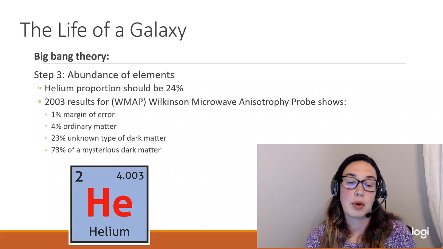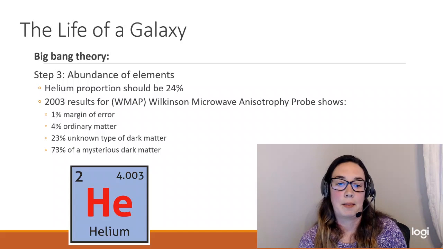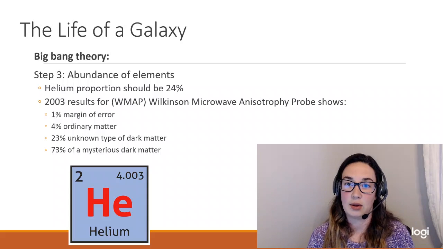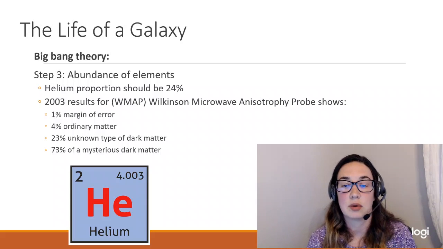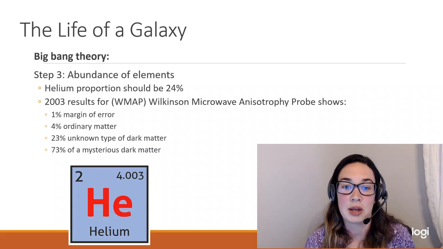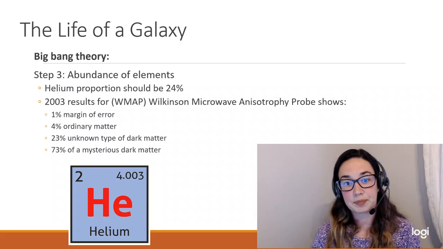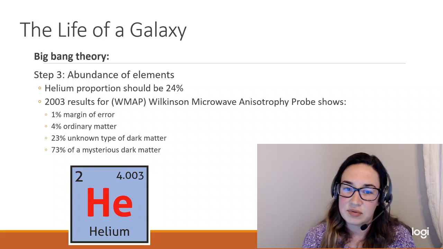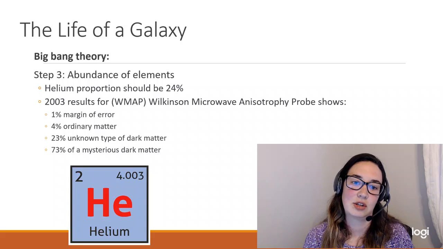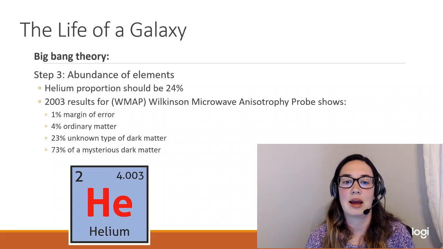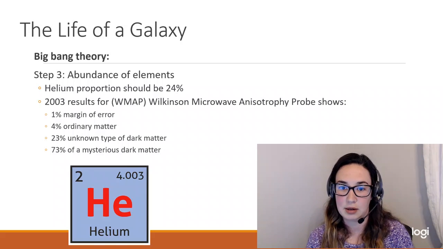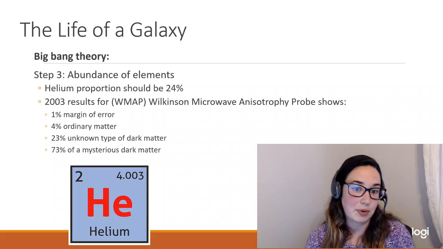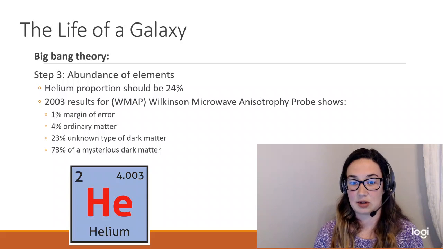The remaining measurements are outlined as follows: 4% measured as ordinary matter. And then you have some questionables here: 23% as some sort of unknown type of dark matter, and 73% or so of a mysterious dark matter.